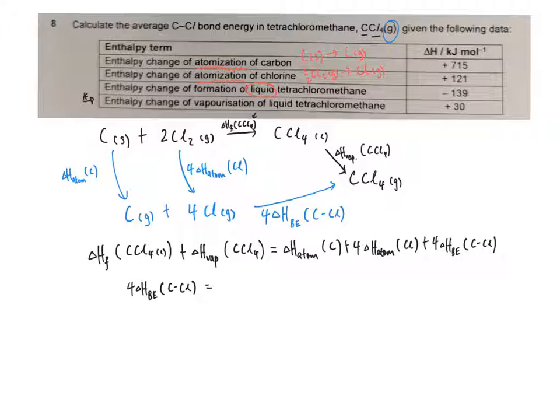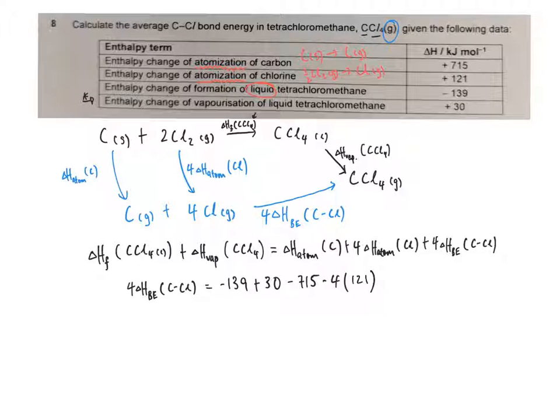The values will be CCl liquid, let's see, minus 139 plus delta H vaporization plus 30 minus delta H atomization of carbon minus 715, and minus 4 times the atomization of chlorine, which will be 121.